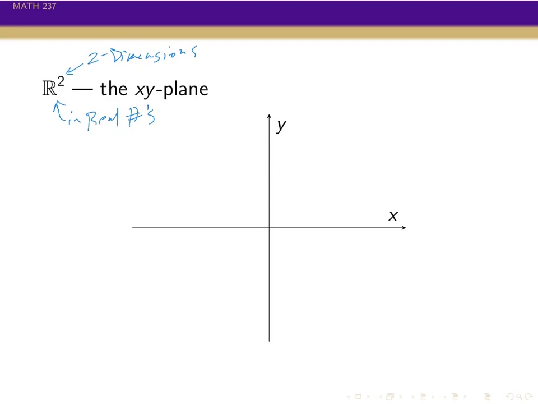We have the x-axis going horizontally, the y-axis going vertically, and if we take some point up here, call the point (x0, y0), that means that we went out on the x-axis x0 away from 0, and then from there we went y0 up, and that gives us our point (x0, y0).